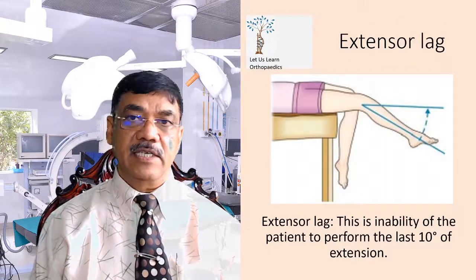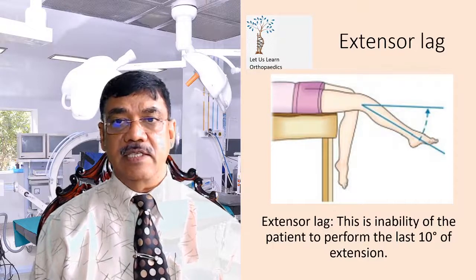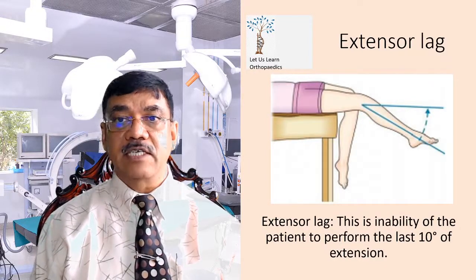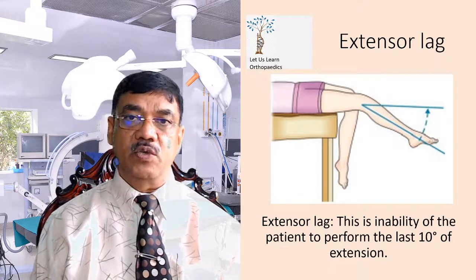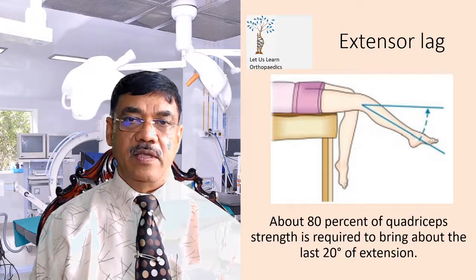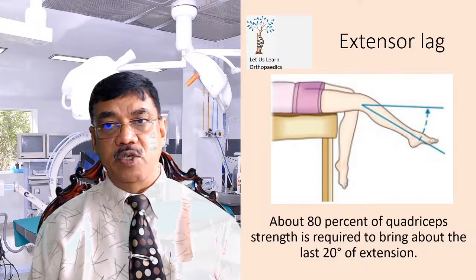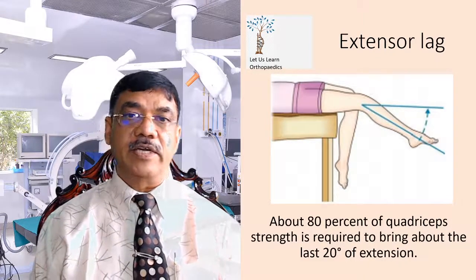Now, what is this extensor lag? The extensor lag is the inability of the patient to perform the last 10 degrees of extension, as shown in this particular picture. About 80% of the quadriceps strength is required to bring about the last 20 degrees of extension.